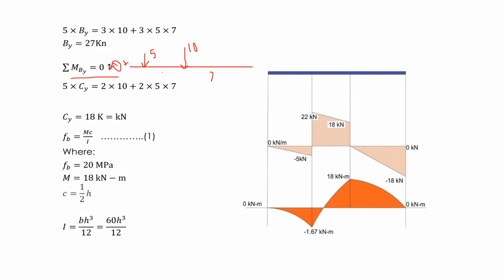So CY time 10 is going 10 kilonewton downward. So time plus 2. The length of the beam is 2 times 5 times 7, combined 7. So CY and I with 18 kilonewton.